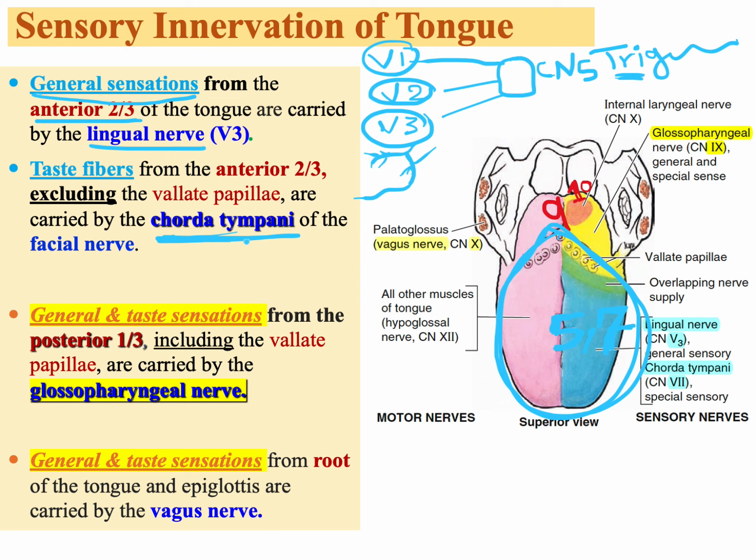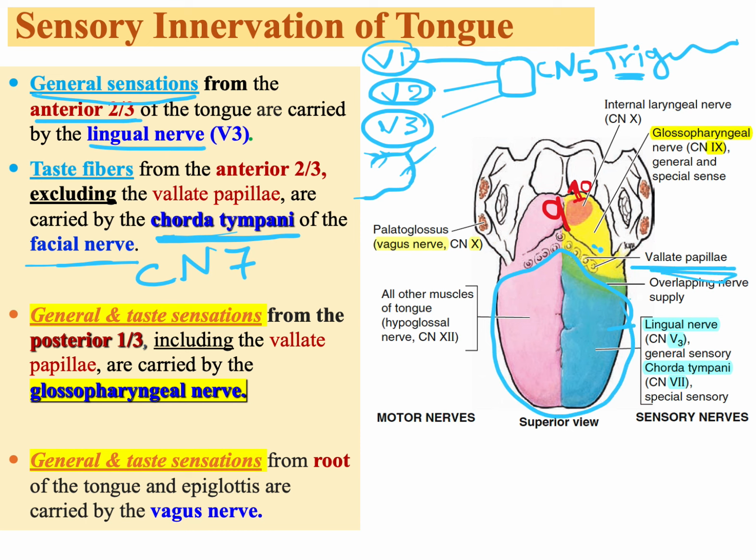These fibers are known as the chorda tympani, which is related to the facial nerve, which is cranial nerve number 7. Of course, when we talk about the taste sensation, we have to exclude the vallate papillae, right? Those papillae, the vallate papillae, we have to exclude them, right?